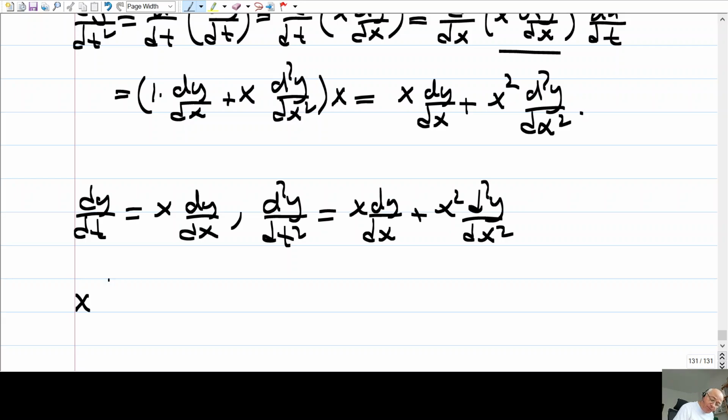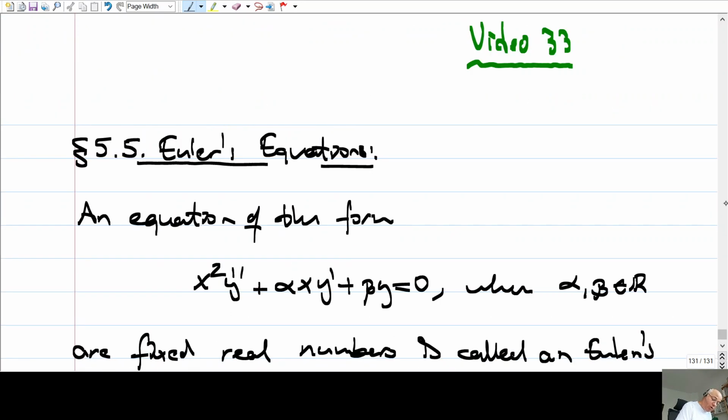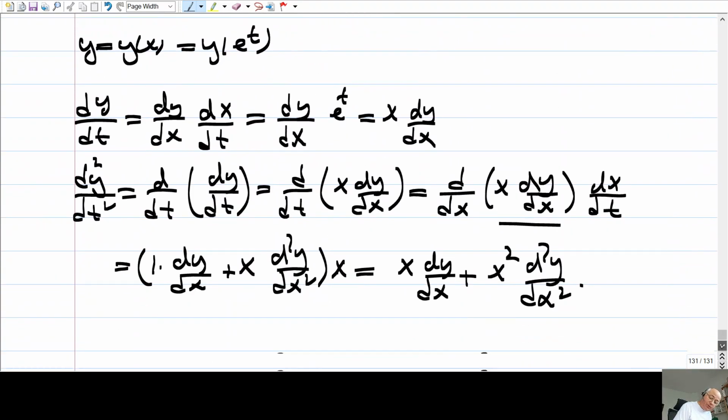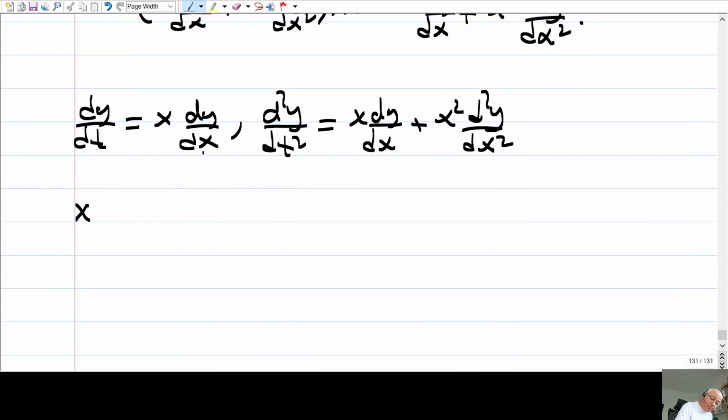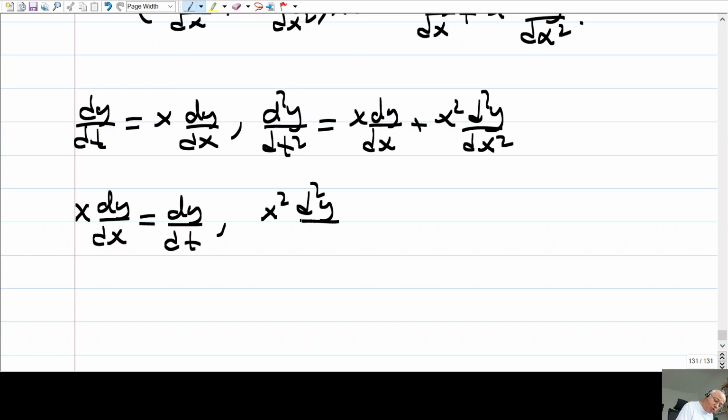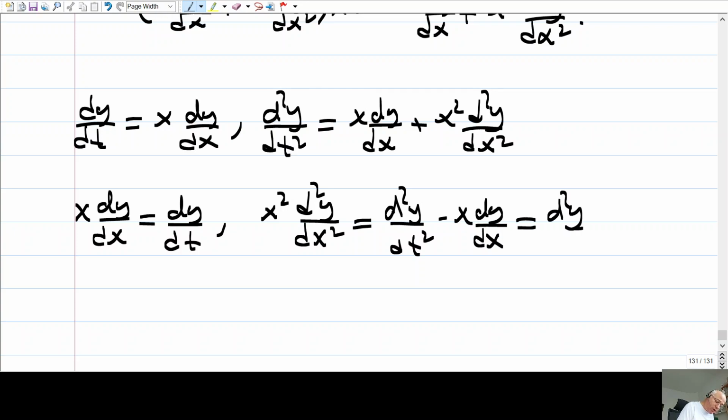You see here I have these terms in the Euler's equation, x times dy dx, which is just dy dt, and x squared d squared y dx squared is just d squared y dt squared minus x times dy dx.